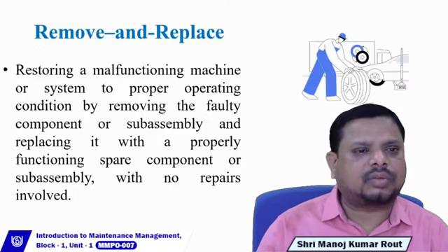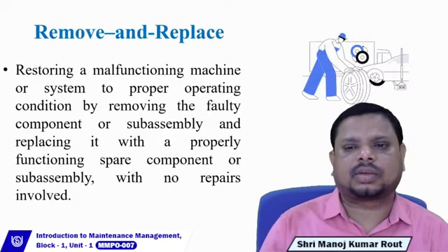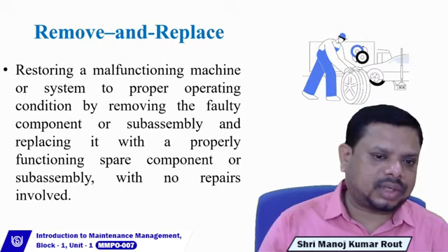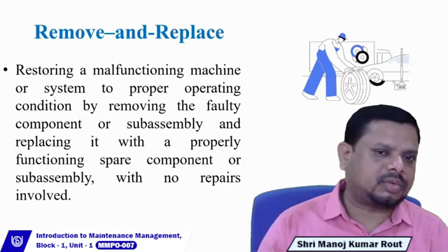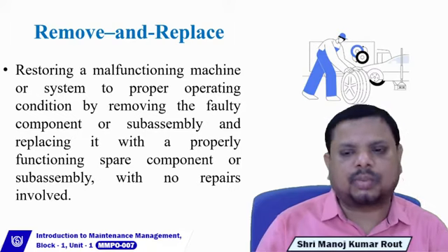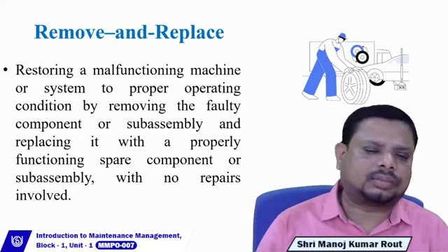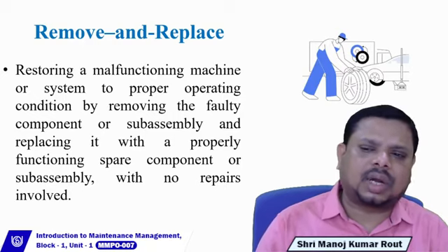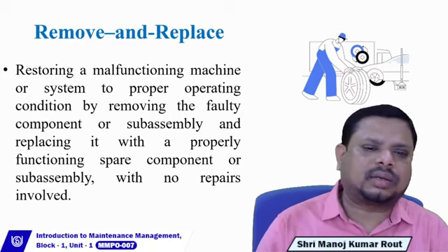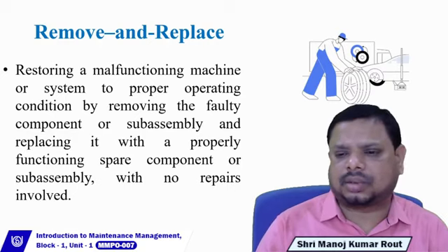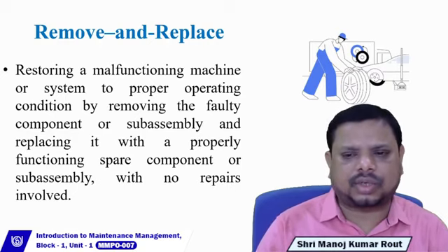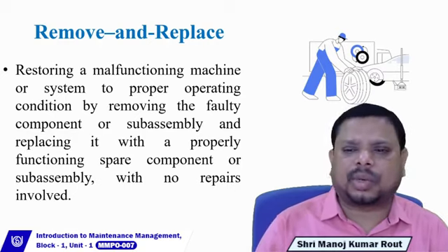The next we have is remove and replace. So before understanding this particular concept of remove and replace, let's take the example of your own car, which has rubber tires. If you think the tire's grip is reduced to a certain level, it needs to be replaced.